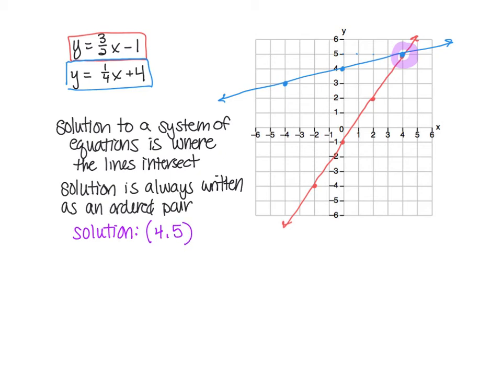So let's look at one that's maybe a little bit more challenging. Just for the sake of practicing graphing, let's look at the equation y minus 1 equals 1/3 x plus 2. And then let's graph the equation x equals -5.